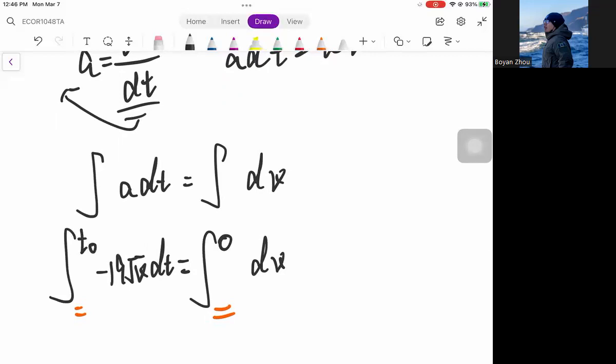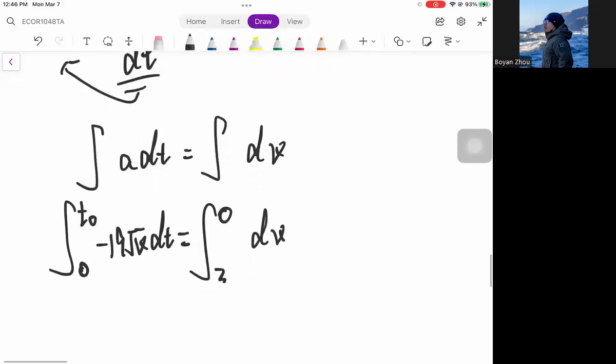So that is the unknown value we're looking for. And for the lower boundary, we just need to use another known condition. Also, in this case, when t is equal to 0, the velocity is going to be equal to 36.